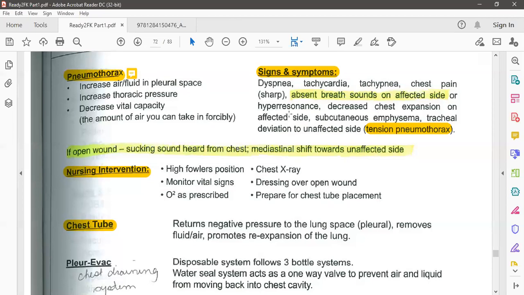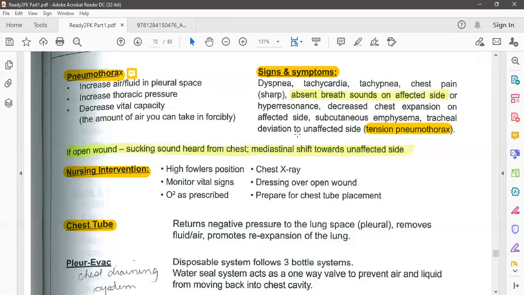Hyperresonance is the key point; we get it during percussion. There is decreased chest expansion on the affected side, and subcutaneous emphysema develops, with tracheal deviation to the unaffected side.